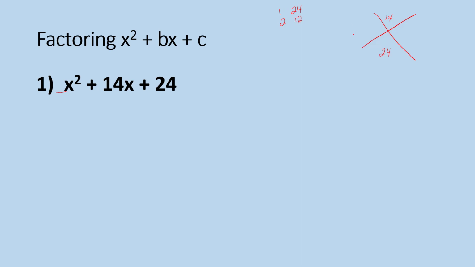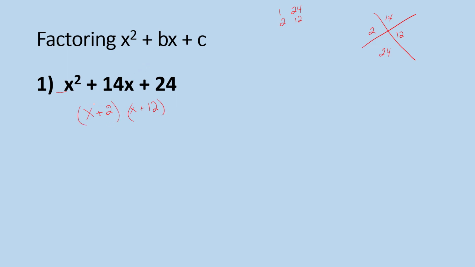Wait, 2 and 12, that adds up to 14. So we write down the 2 and we write down the 12, and guess what our factors are? X plus 2 and X plus 12. Well, that seemed too easy to be true.